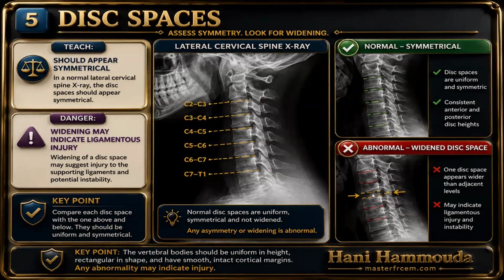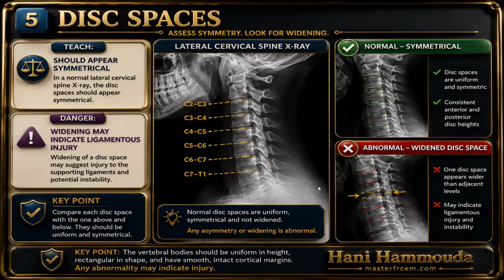It means something wrong with the disk. So one disk space appears wider than adjacent levels. This is normal, or even less than other disk spaces. So whatever widening or shortening, it means something wrong with the disk space. Okay. So normally disk spaces are uniform, equal, with consistent anterior and posterior disk heights. Okay.